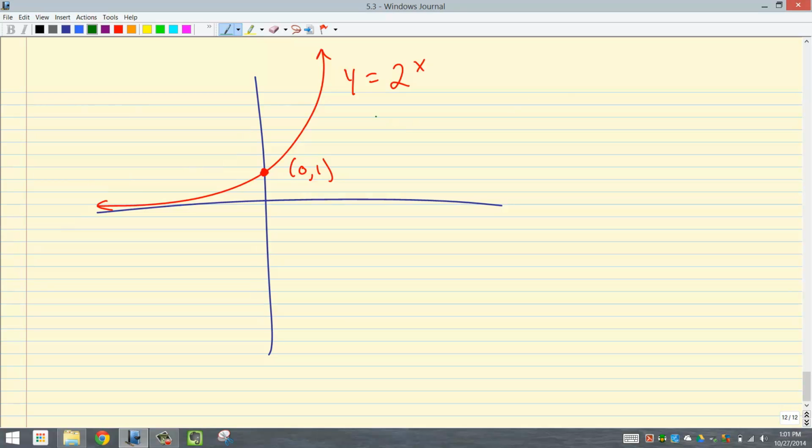We'd say, well, what would y equals 2 to the x plus 3 look like? And this x plus 3 shifts the graph 3 units to the left. So that means you would take this anchor point and shift it 1, 2, 3 units to the left, and you would draw basically kind of the same curve like this. And so that's what this looks like.